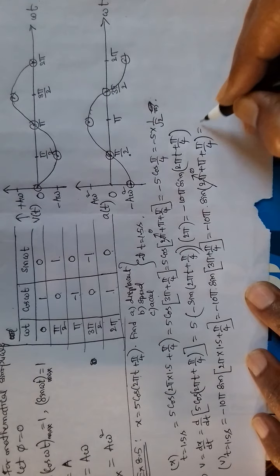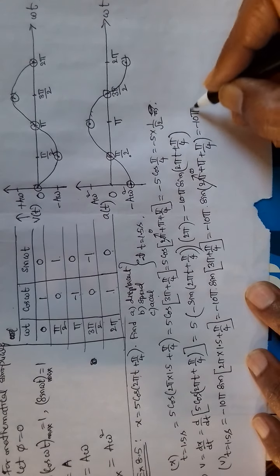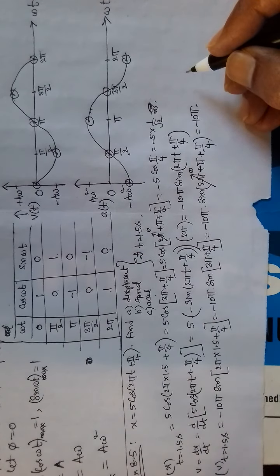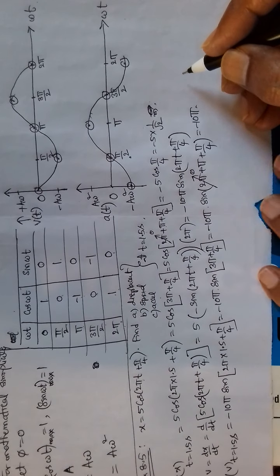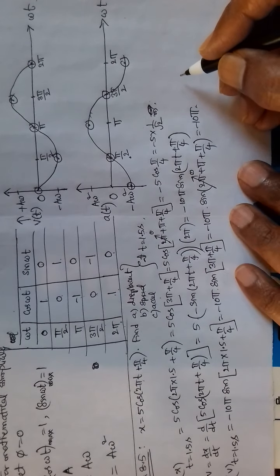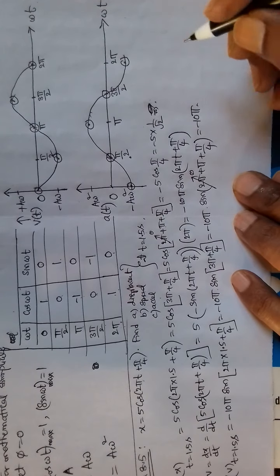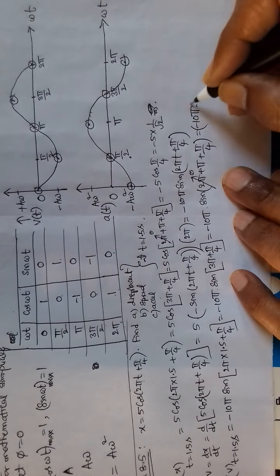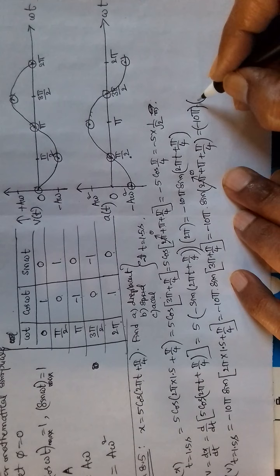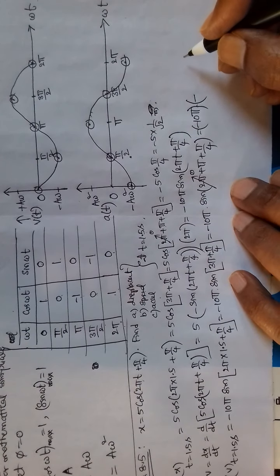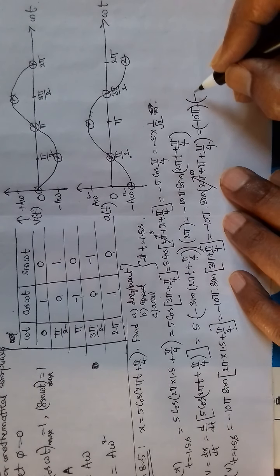So sine (pi plus pi by 4). Third quadrant, sine is negative. Minus sine pi by 4.